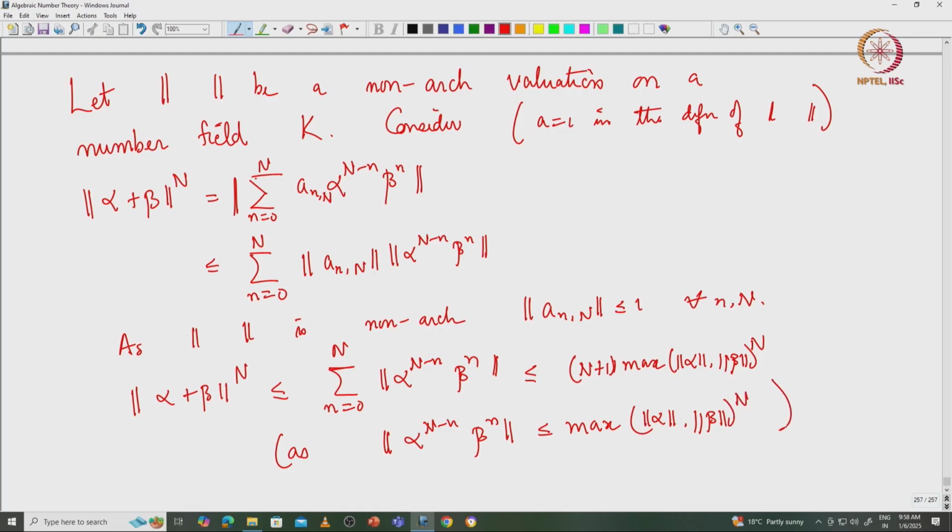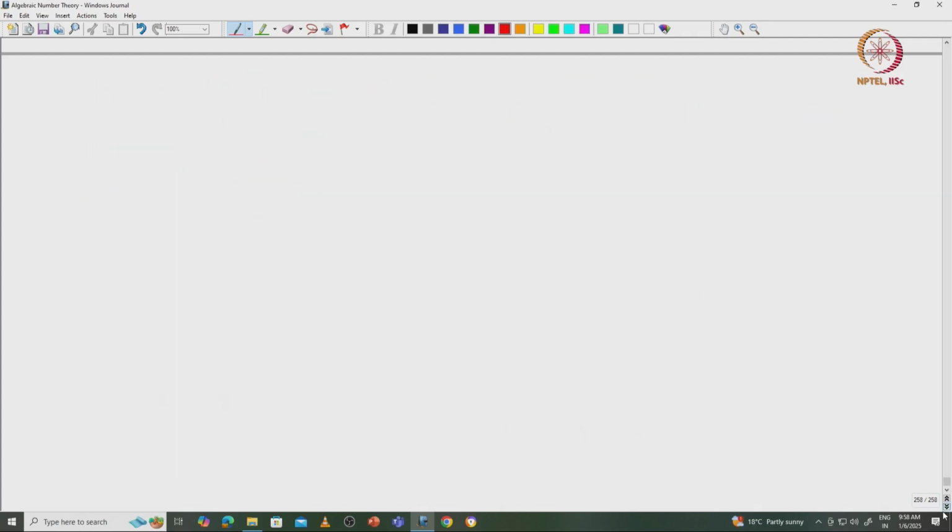And so, taking Nth root, what we get is valuation of alpha plus beta is less than or equal to N plus 1 to the 1 by N max of valuation of alpha, valuation of beta.